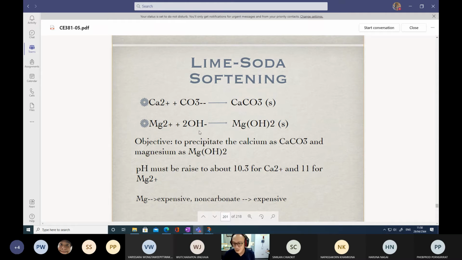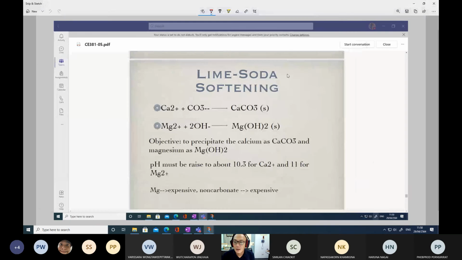So first you have to be clear, we have various types of hardness. Based on the cation, total hardness is equal to calcium hardness plus magnesium hardness. And in terms of the anion, total hardness is equal to carbonate hardness plus non-carbonate hardness.